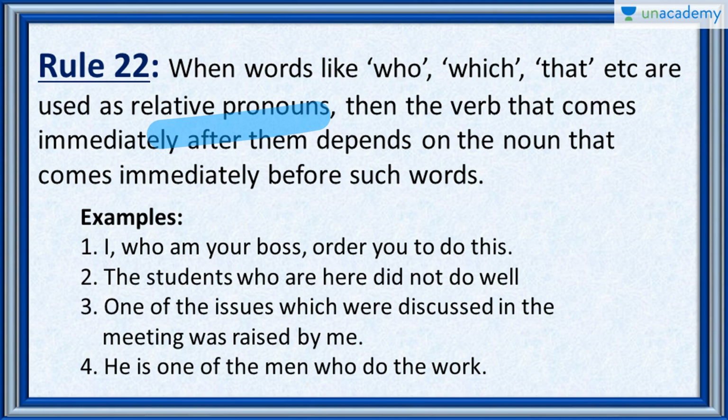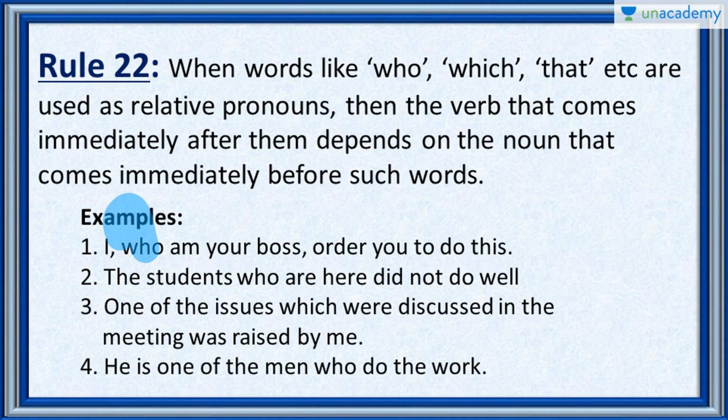I who am your boss order you to do this. Now if you see, the pronoun who has been used and it relates I to the rest of the sentence, and in such a case our rule says that the verb or the helping verb that comes immediately after such a word should be according to the noun or the subject that comes immediately before such a word.